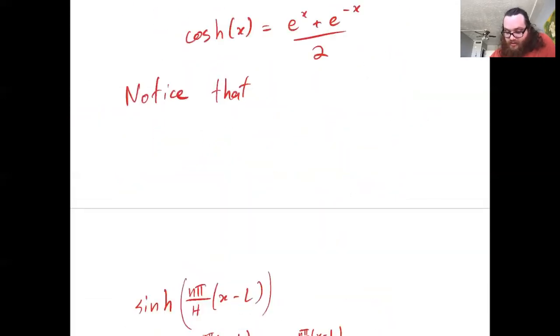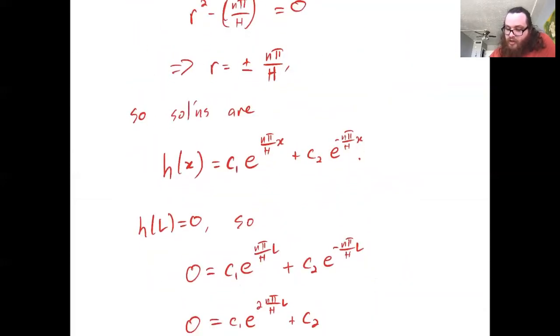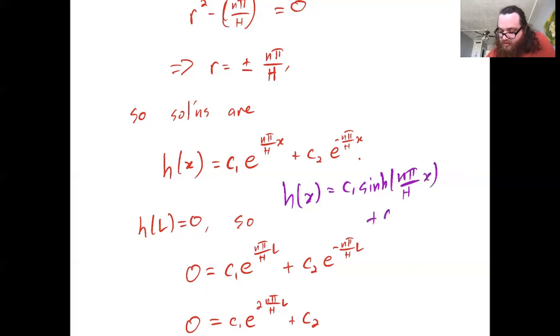Another way would be to go directly and ask, where's the ODE? Instead of working with this basis of exponentials, you can argue that h of x is going to be c1 times sinh of n pi over h times x plus c2 times cosh of n pi over h times x.